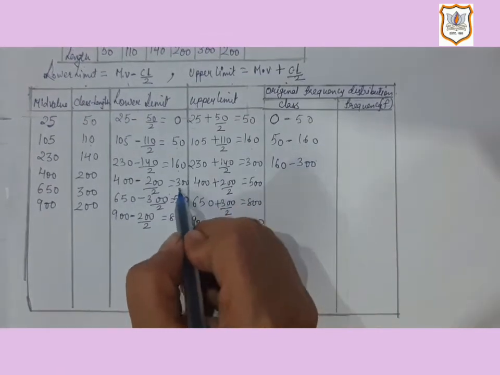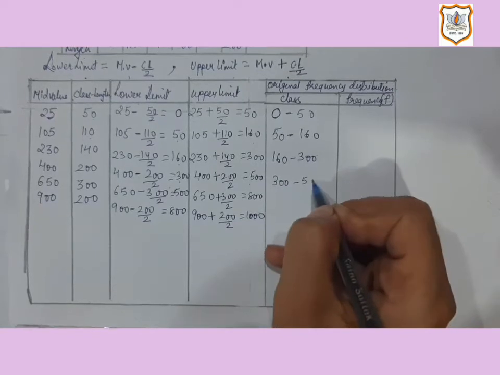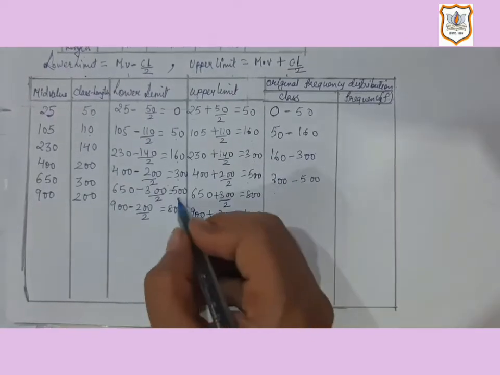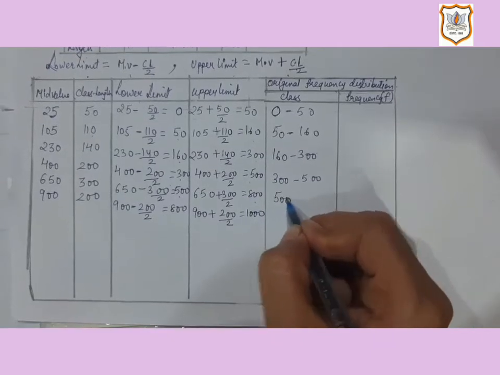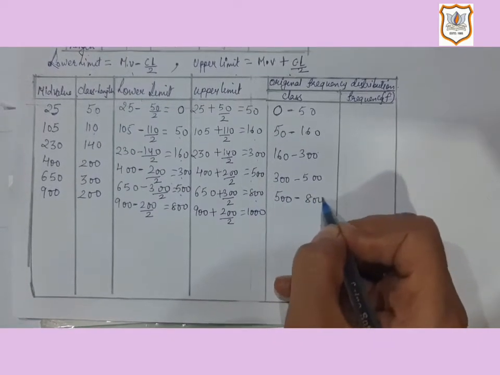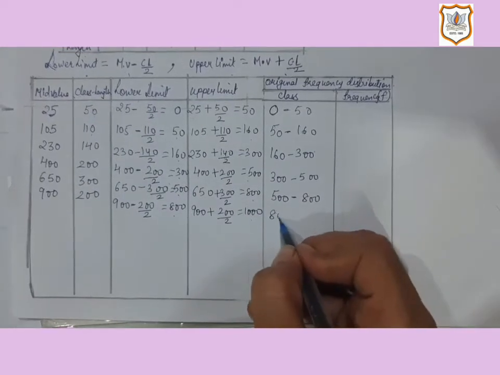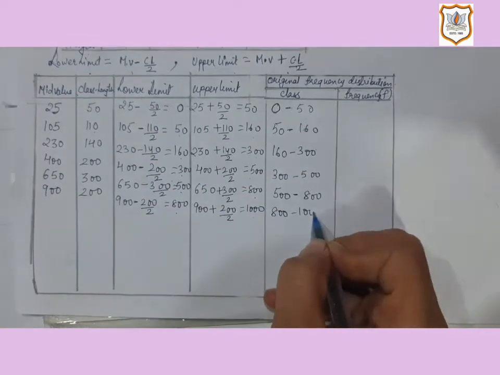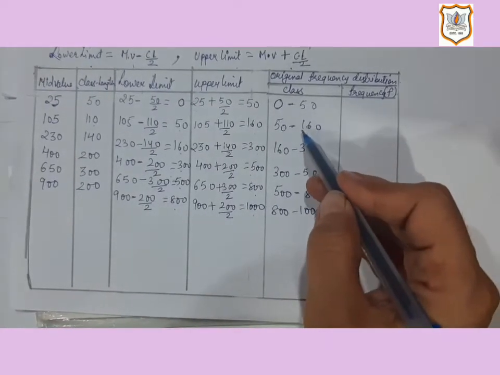Then 300 to 500. After that 500 to 800. And the last class 800 to 1000. So this way we have obtained the original classes.